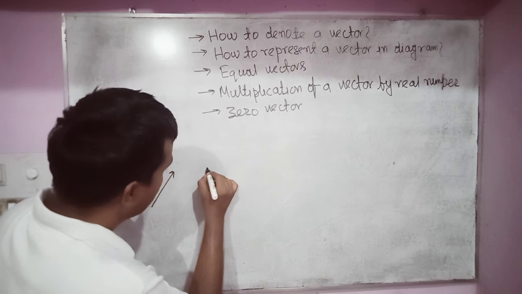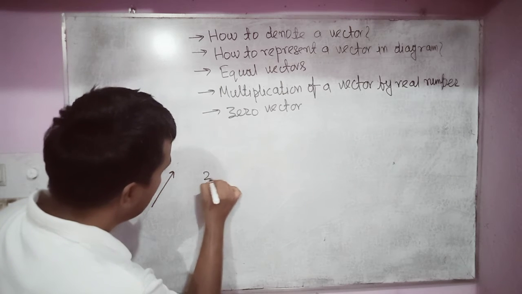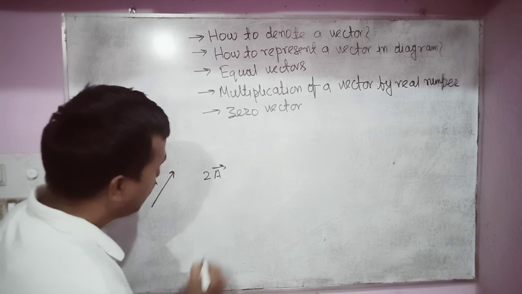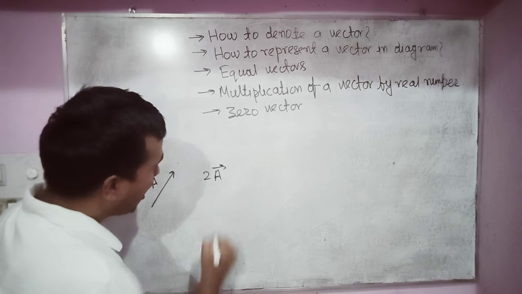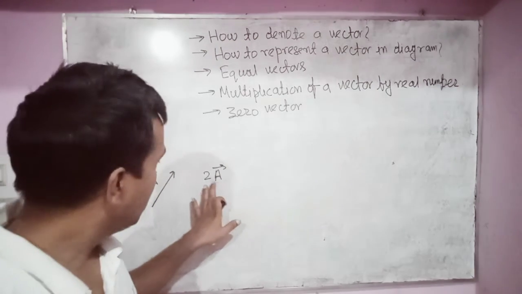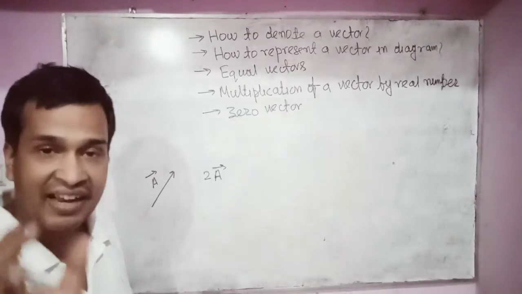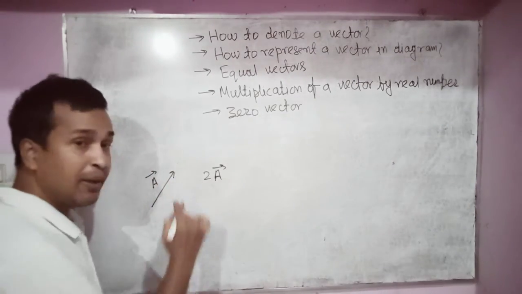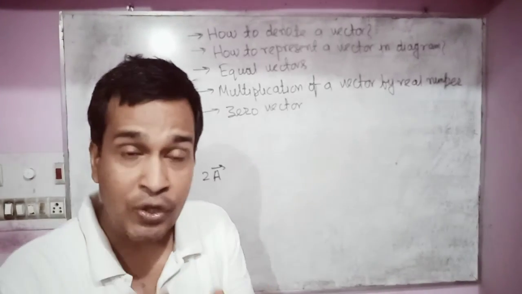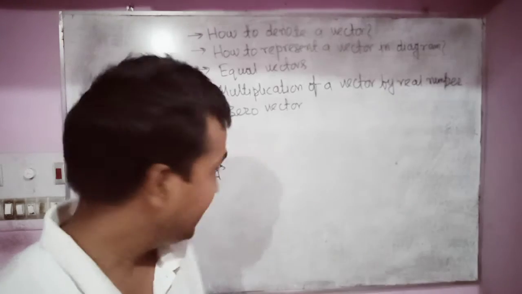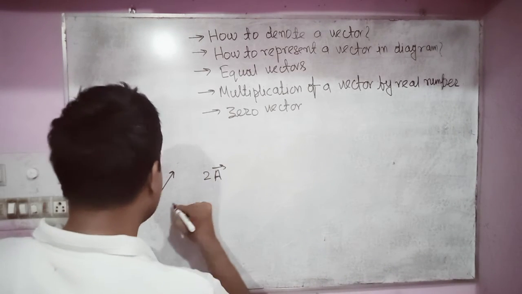Let it be 2A. So how can we draw vector 2A? Vector 2A is a vector having the same direction as the vector A, but its magnitude is double that of vector A. So we can draw vector 2A this way.